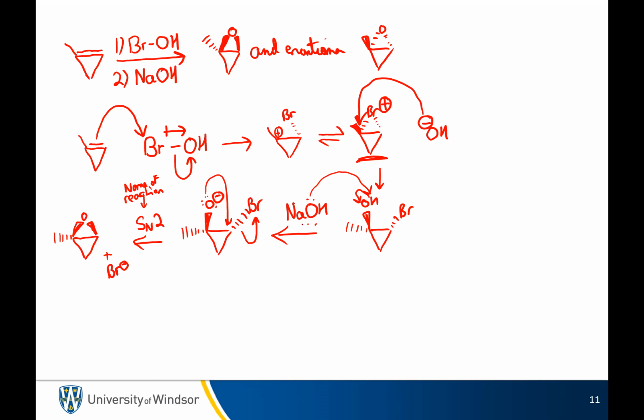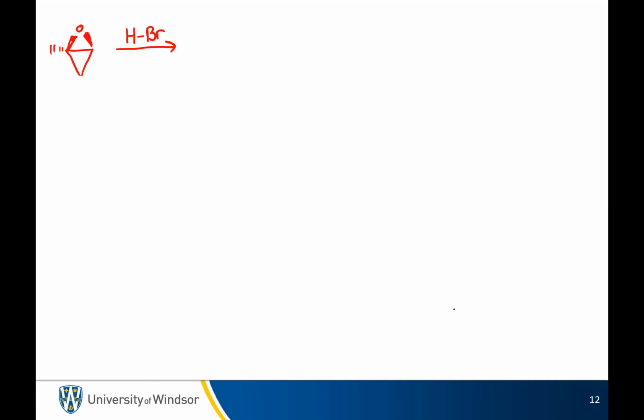But if I have that epoxide, and let's say I treat that with, we can actually just go backwards almost. Now, just remember where we came from. We came from this guy here. OH is on the more substituted carbon, Br is on the less substituted carbon. Now, if I treat this with HBr, as I said, the fastest things known to man in terms of reactions are acid-base reactions.